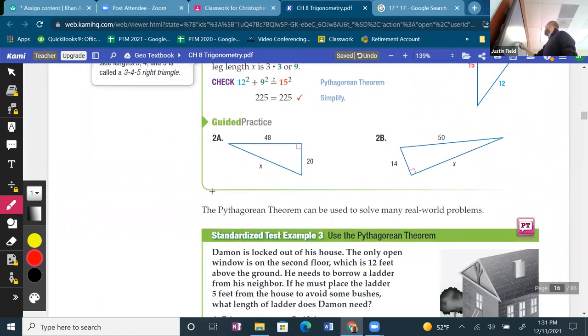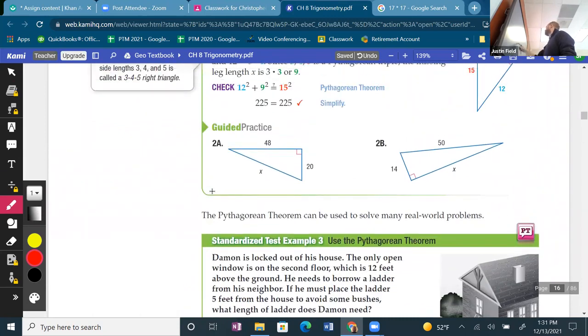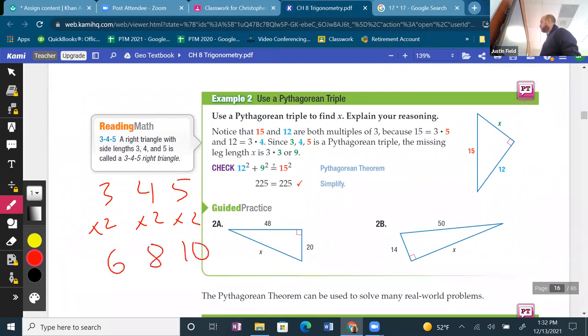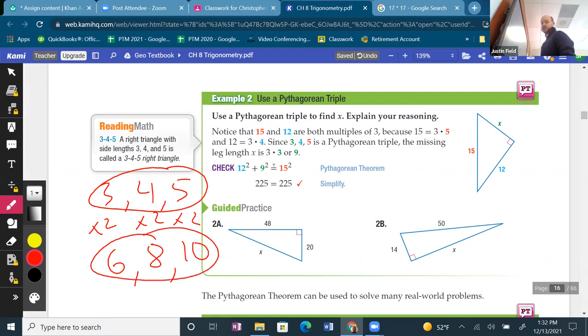And so you can use a Pythagorean triple. Notice that if they're multiples, 3, 4, 5 is a Pythagorean triple, but if we multiply each one of them by 2, we of course get another Pythagorean triple, the other famous 6, 8, 10. And all Pythagorean triples could be sides of a right triangle.